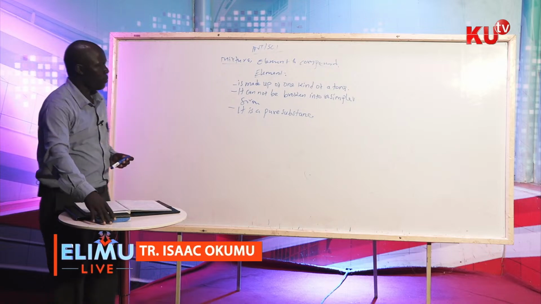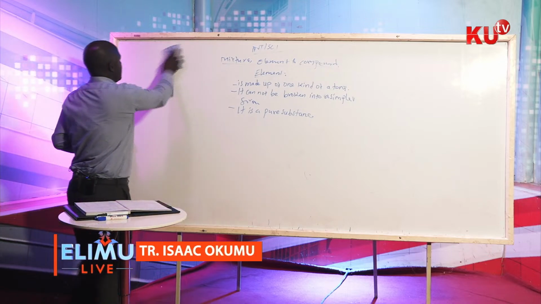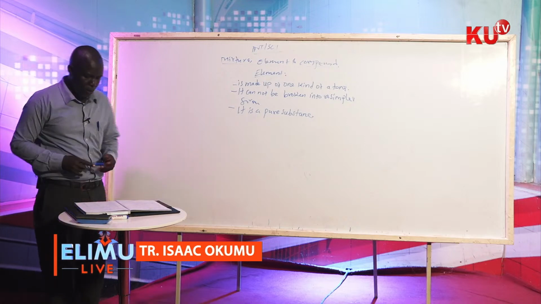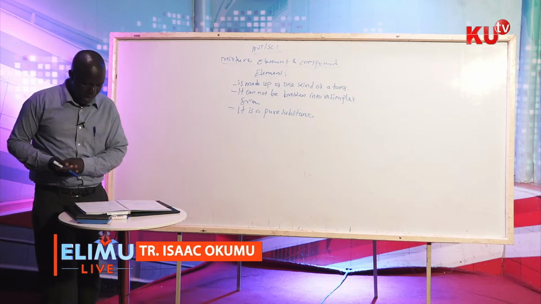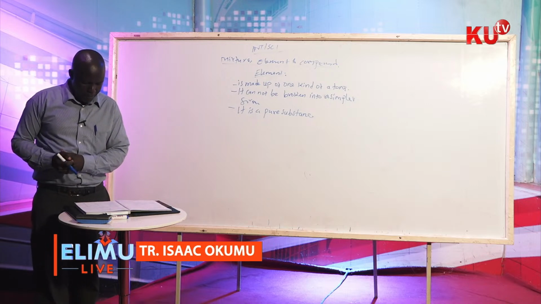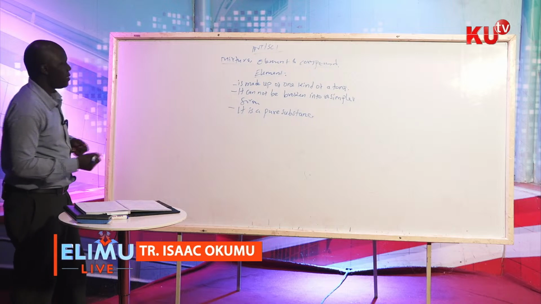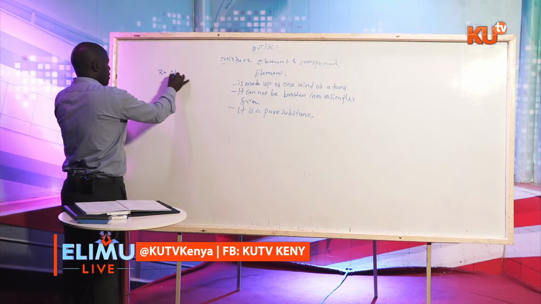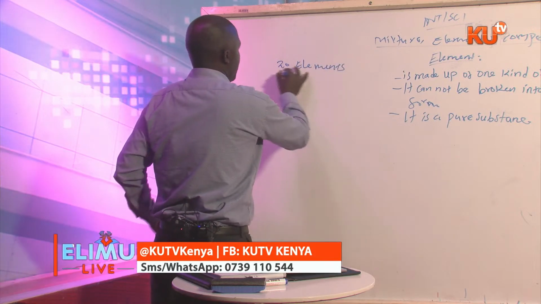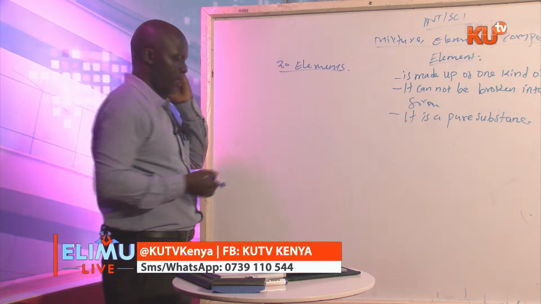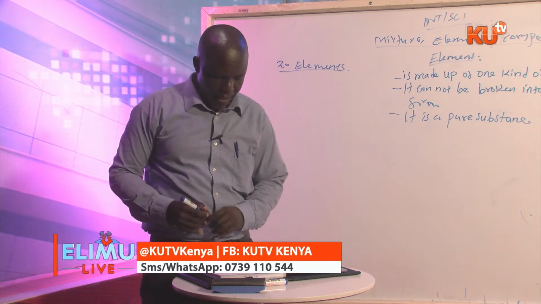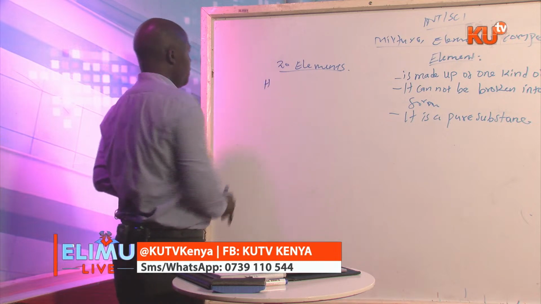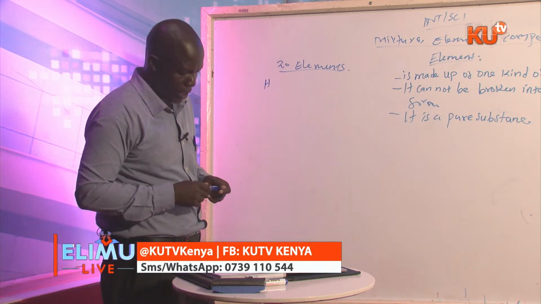So examples of elements. Now this one we go back to in the periodic table, although we are not going to look at it in detail, but the elements, we derive them from there. We can start with the first 20 elements on the periodic table. So when you are asked to give examples of elements, we can take, for example, hydrogen, which is number 1 in the periodic table.